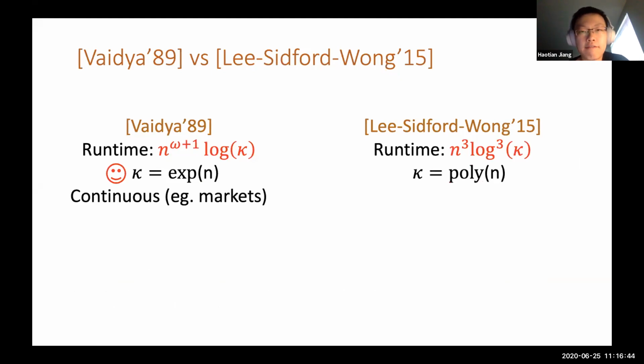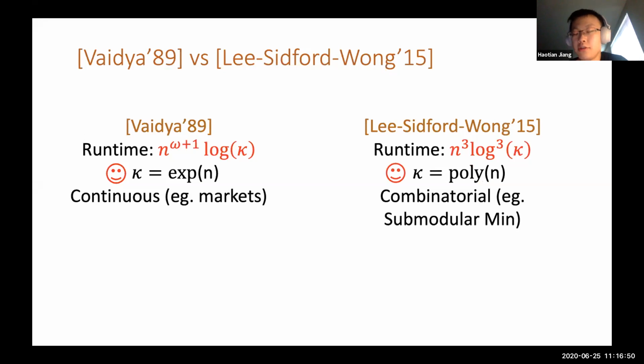On the other hand, if kappa is polynomial in n, then Lee-Sidford-Wong's method is preferable. Using their method, they got improved runtimes for a few well-known combinatorial optimization problems, such as submodular function minimization.